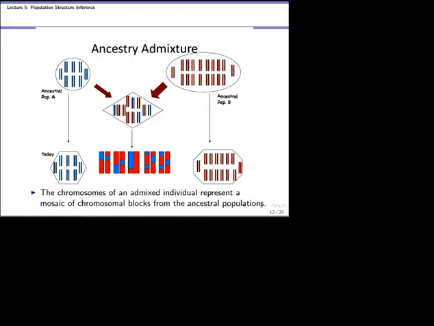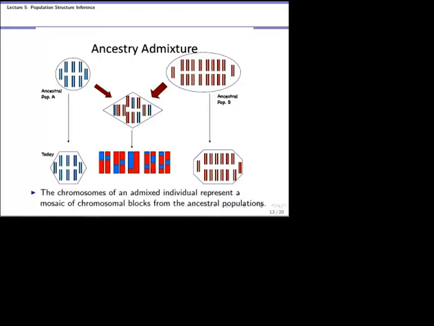If you're doing admixture mapping, it's similar to GWAS, except instead of 0, 1, or 2 copies of a reference allele, it's 0, 1, or 2 copies of an ancestral allele. So it's a similar association, linear regression or logistic regression. There are pros and cons with admixture mapping.